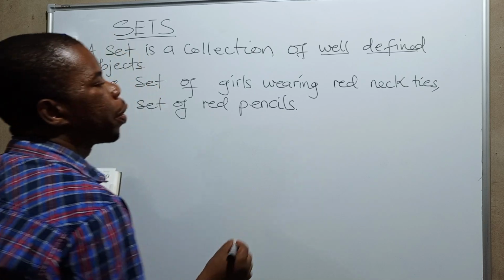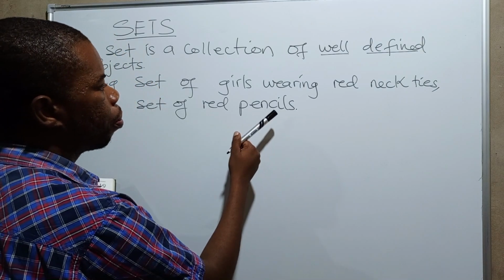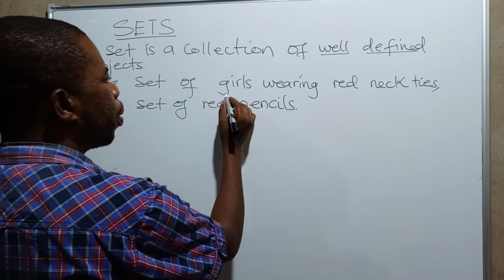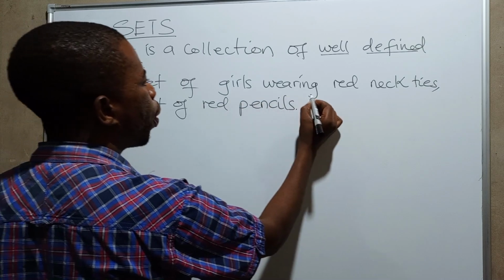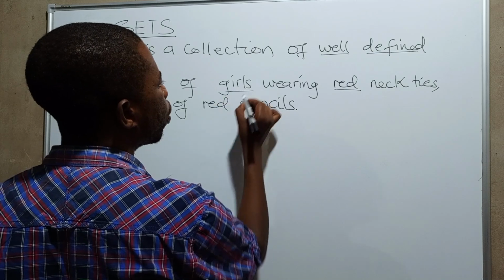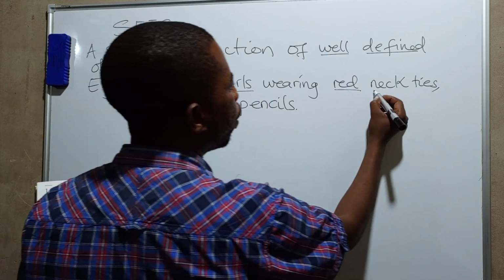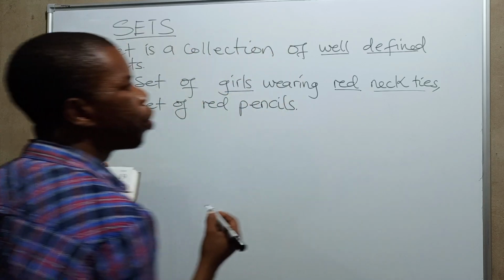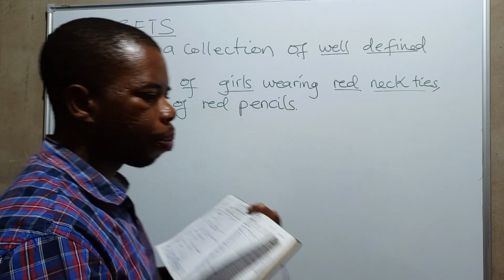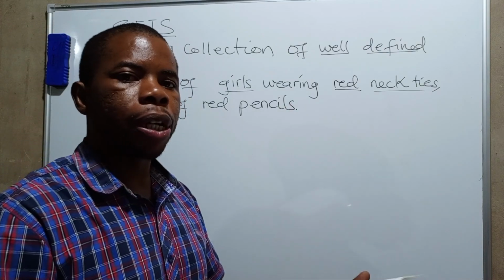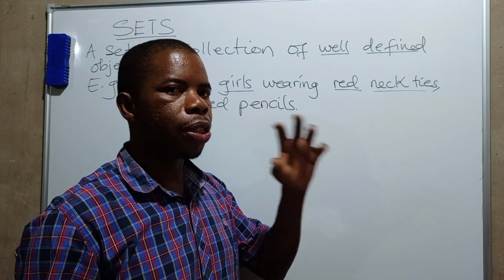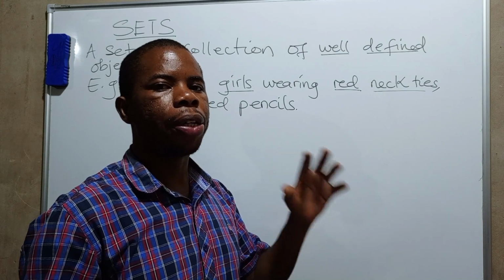These two which I've given are sets. What qualifies them to be a set is this. I've said a set of girls wearing red neckties. This becomes a set because it is a collection of girls, meaning I have a particular group of girls, and this group is those girls that are wearing red neckties.